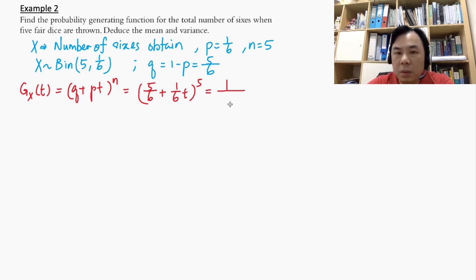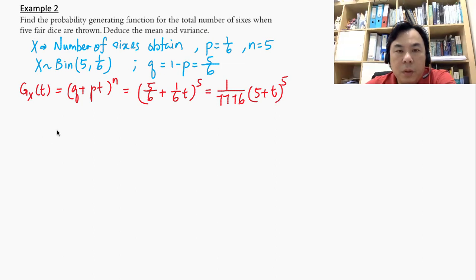I also can't remember this number here. 6, 5 of them, right? Yeah, correct. So that is actually 7776, so (5 plus t) to the power of 5 over that. I hope that is clear. We're going to move on to the next section.